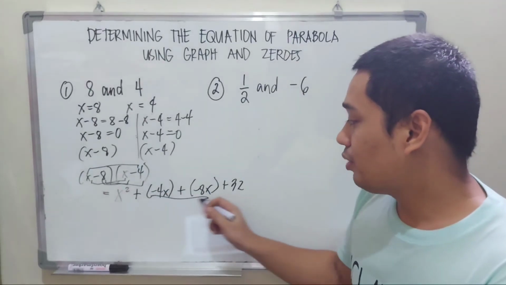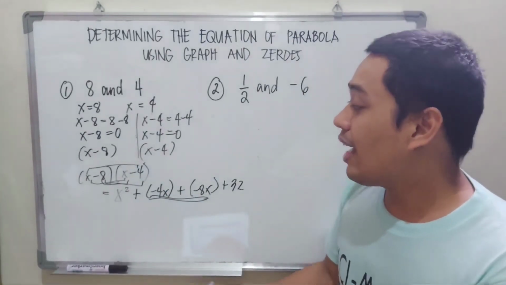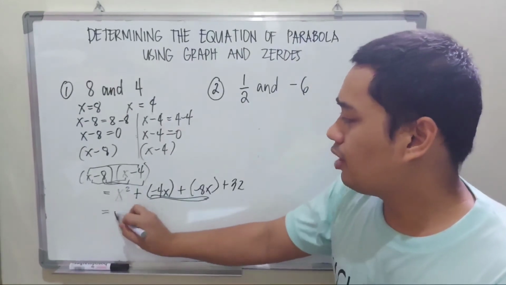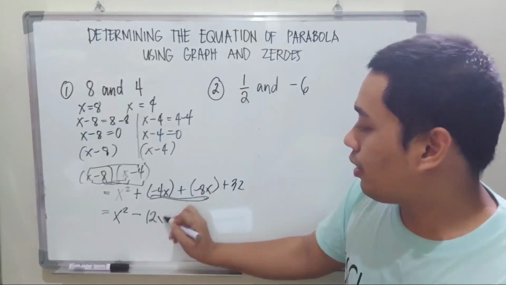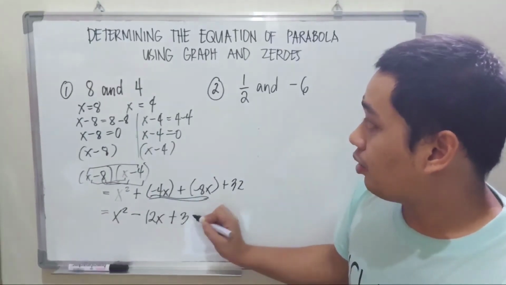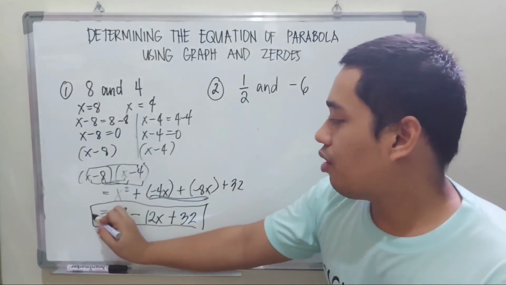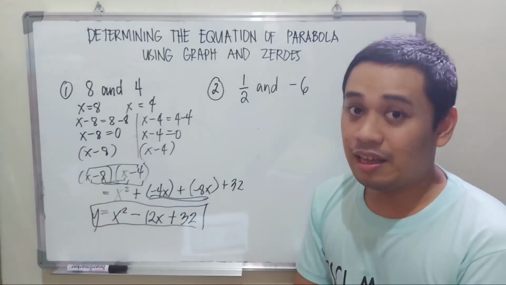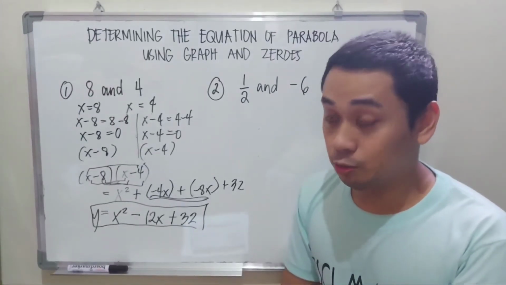Combine like terms, the ones in the middle: the product of the inner and outer terms must be added together. This will be x squared minus 12x plus 32. So this will be the value of our quadratic function. y is equal to x squared minus 12x plus 32.